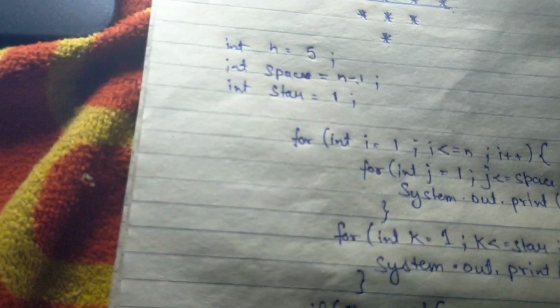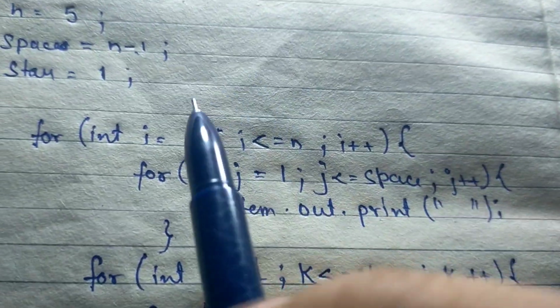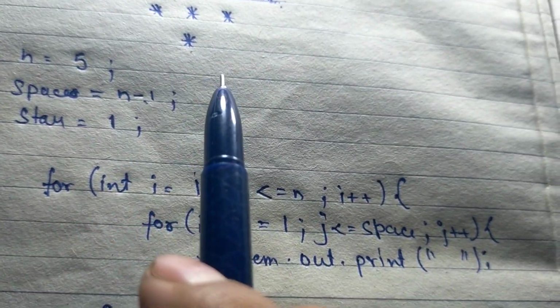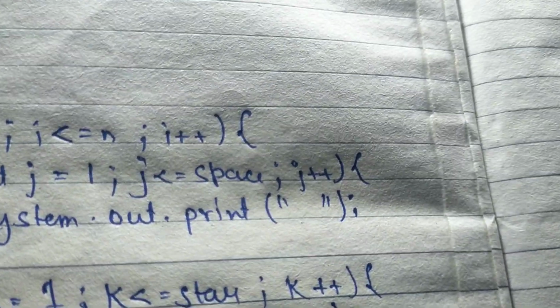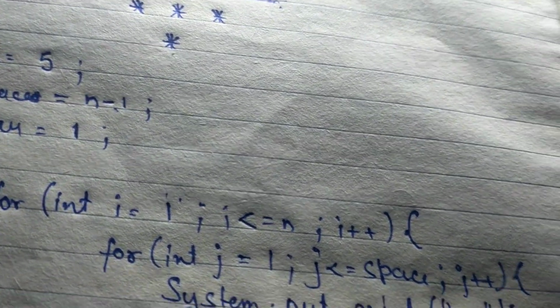So now I'm going to dry run my code. How will this code run? Initially for row 1, the space should be n minus 1 and star is 1.